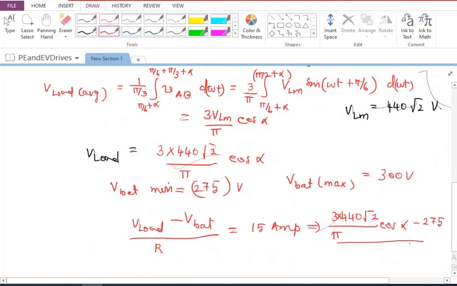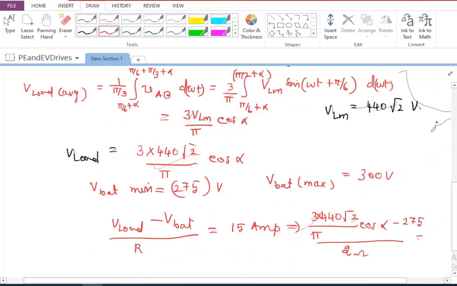So this is divided by 2 ohm. That is going to be 15 ampere. This is the case corresponding to minimum battery voltage.